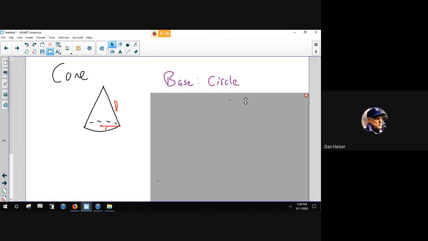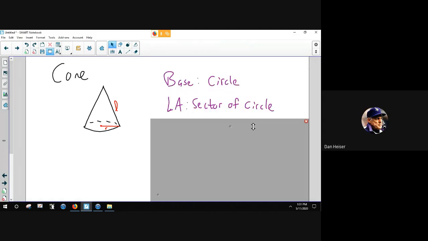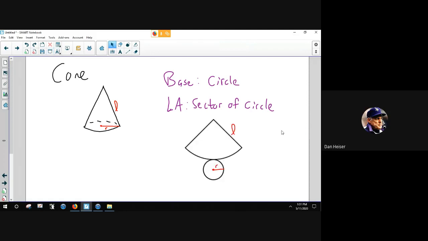The base is a circle, but the lateral area is a sector of a circle. So the net looks like this. It looks like a circle with a slice of pizza attached to it.